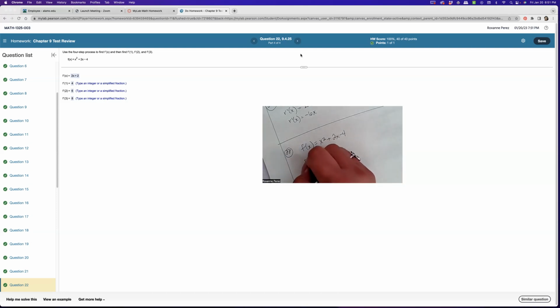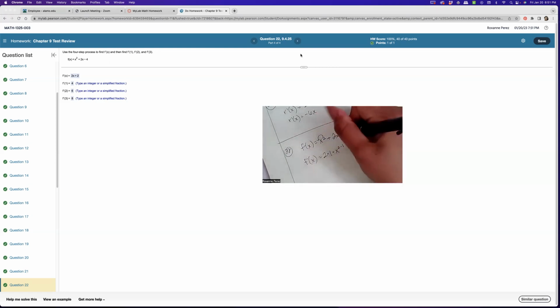So f prime of x, bring this exponent to the front and multiply. So 2 times our invisible 1 times x squared minus 1, and that's the first derivative for this first term, plus here we can write our invisible 1 there. You're going to bring that to the front.